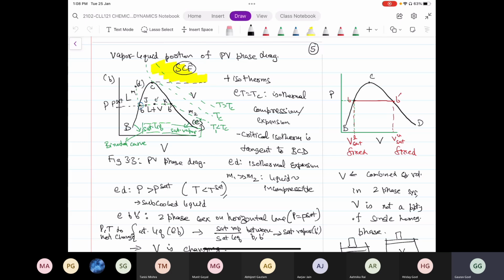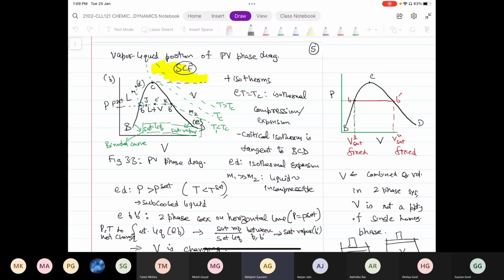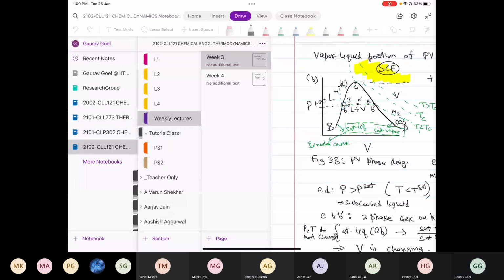It is a weighted sum of the specific volume of liquid and the specific volume of vapor. If you look on the left, it is a regular curve, and to the right of B prime it is also a regular curve because it relates to single phase properties.